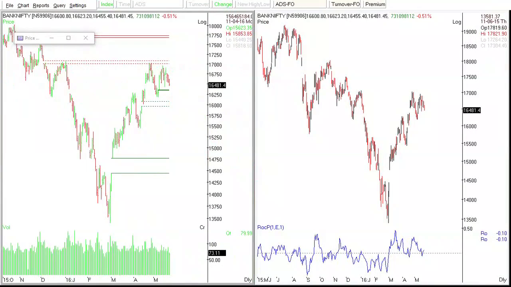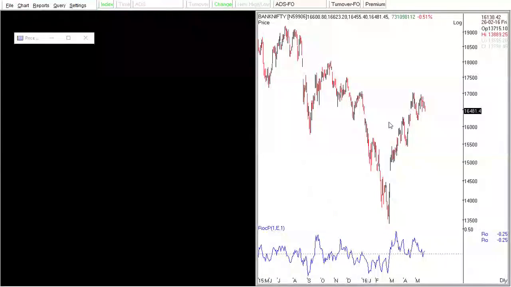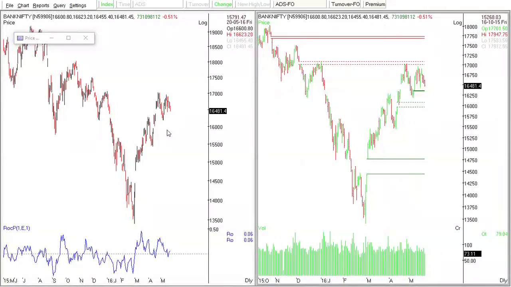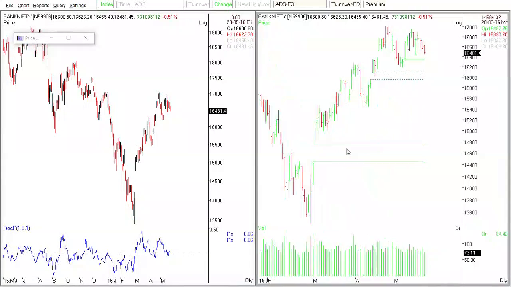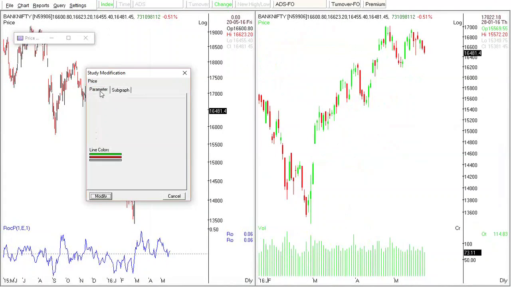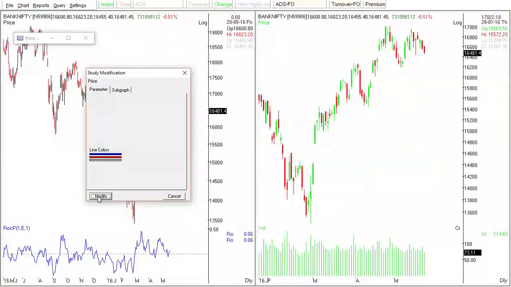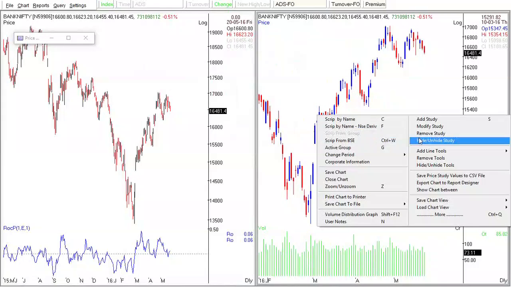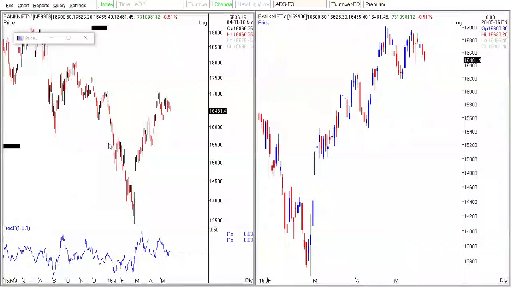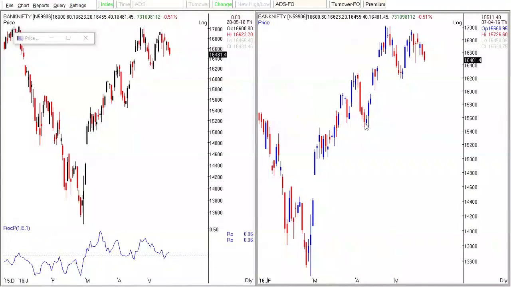Let me open 2 parallel charts, right? Okay, now what I'll do is I'll quickly make some differentiation between these 2 charts, one on the left and one on the right.